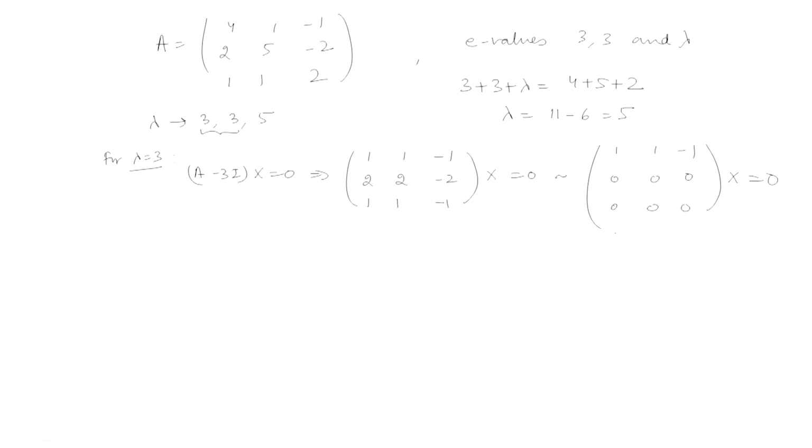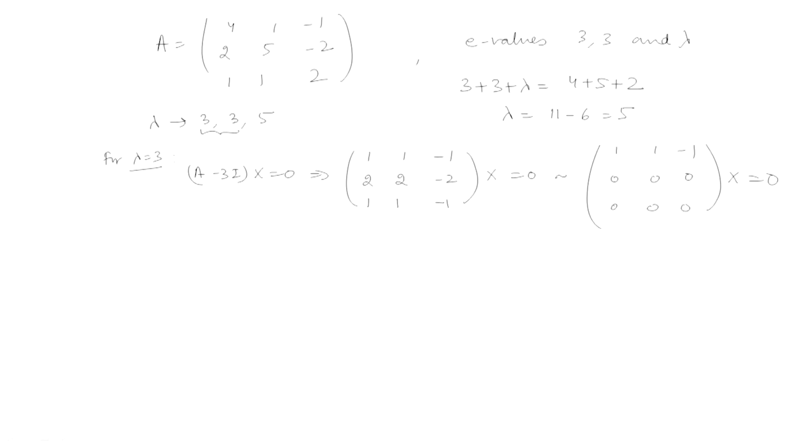So, what is the rank of this matrix? Rank is 1, and the order of the matrix is 3. 3 minus 1 is 2. That means 2 is the geometric multiplicity corresponding to lambda equal to 3. So, yes, because the algebraic multiplicity is 2 and the geometric multiplicity is also 2, and for lambda equal to 5 it is 1 only, this matrix is diagonalizable.